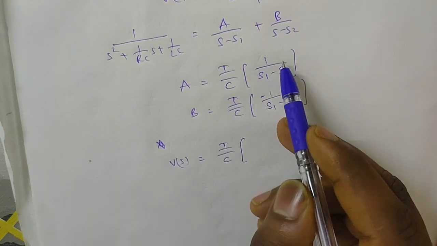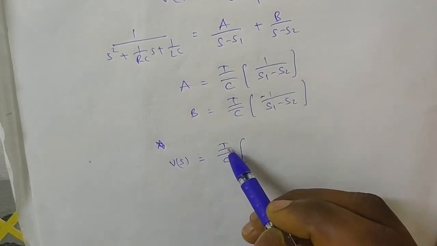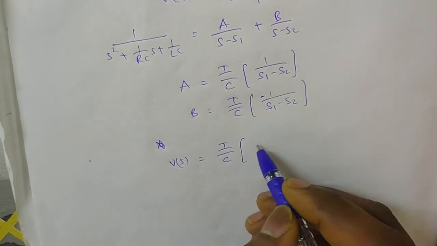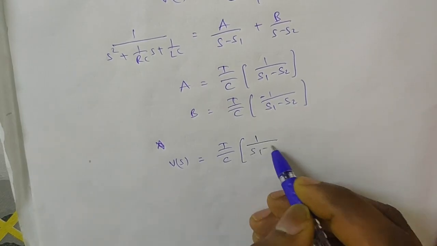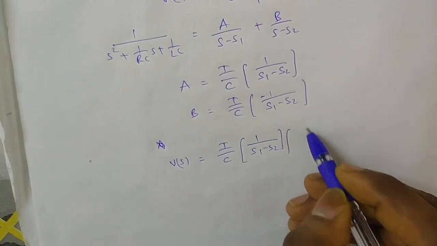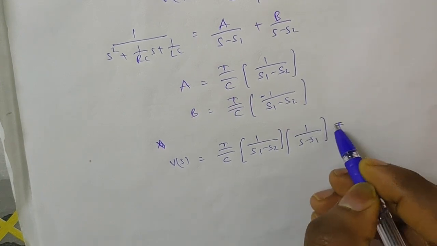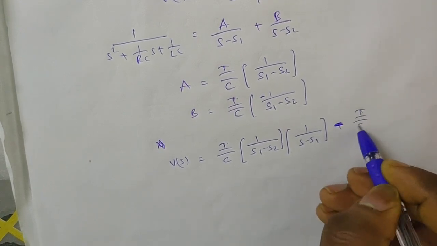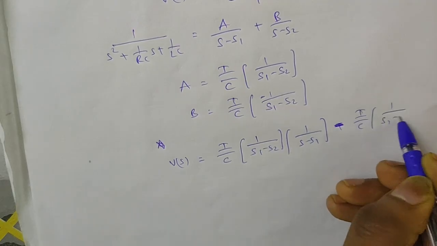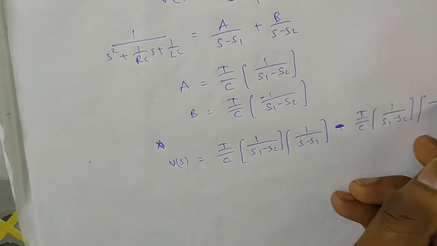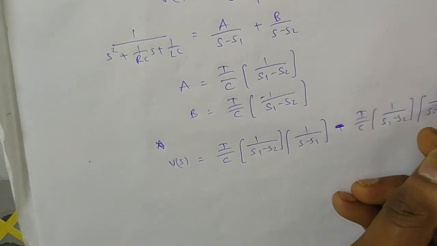A we got as this thing, so we already have it here: 1 by s1 minus s2 into 1 by s minus s1, plus b, which is minus 1 by C into 1 by s1 minus s2 into 1 by s minus s2.